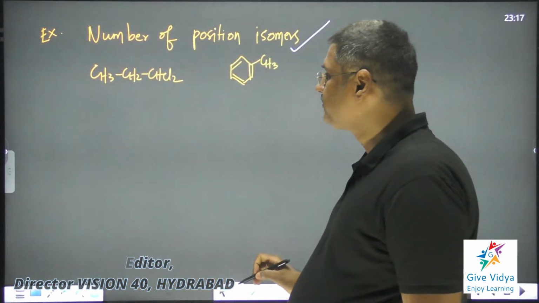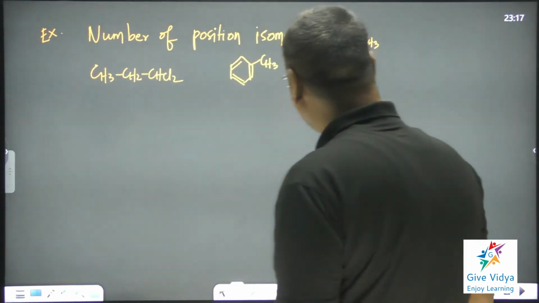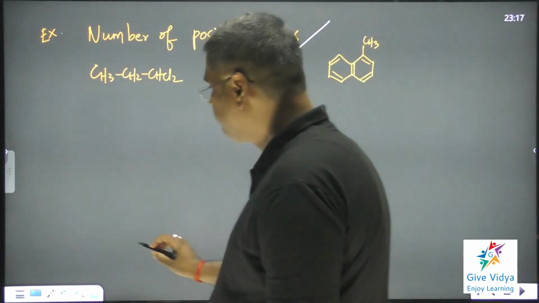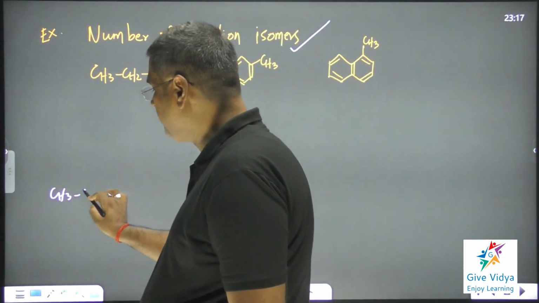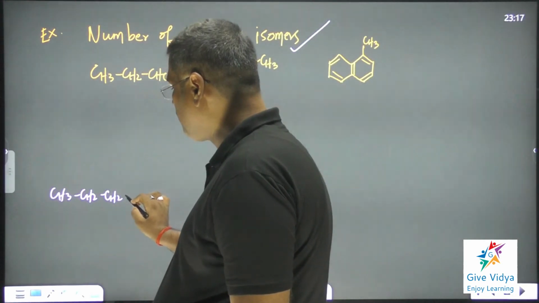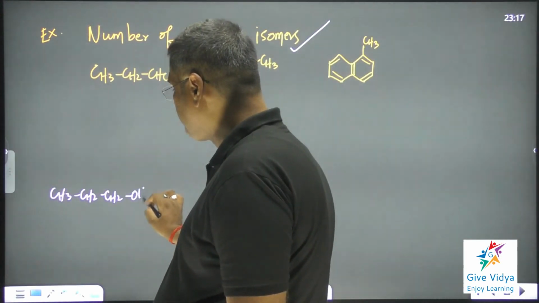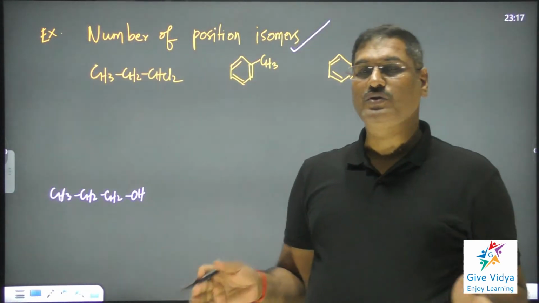There is one question. CH3, CH2, CH2, OH. The question is the number of position isomers for this molecule.